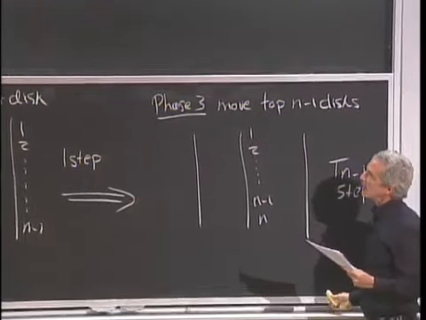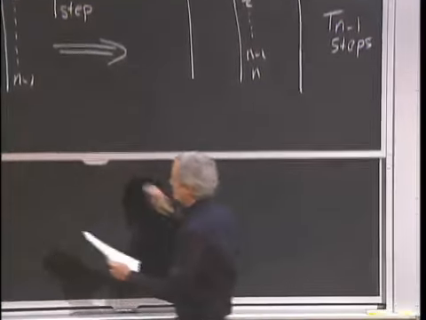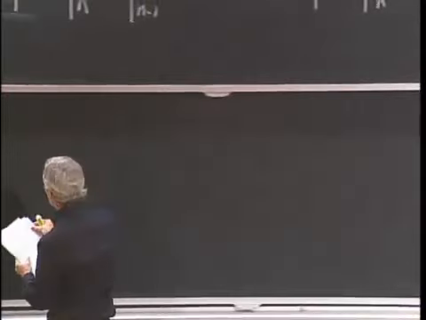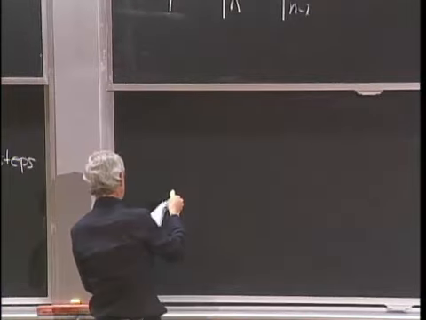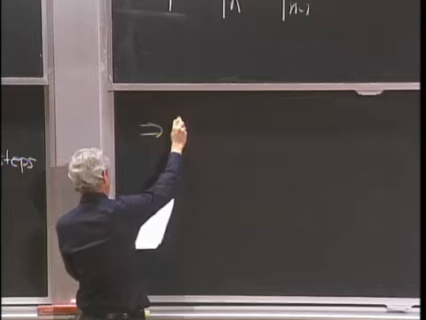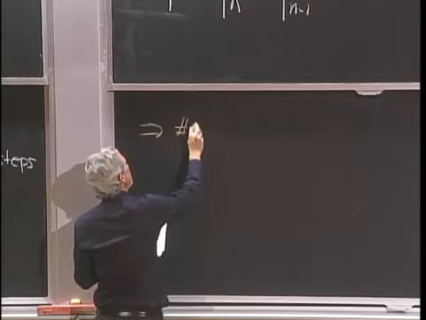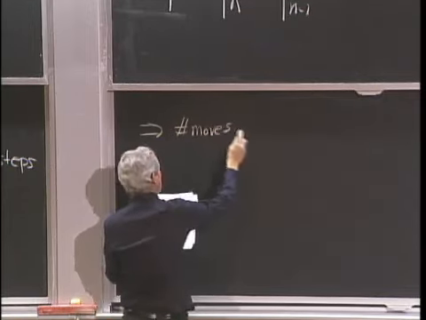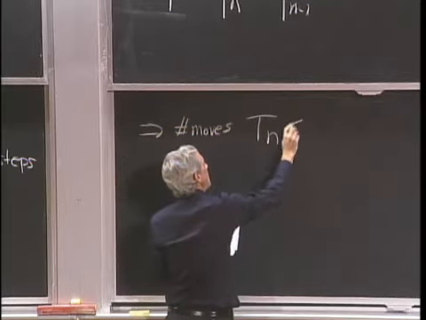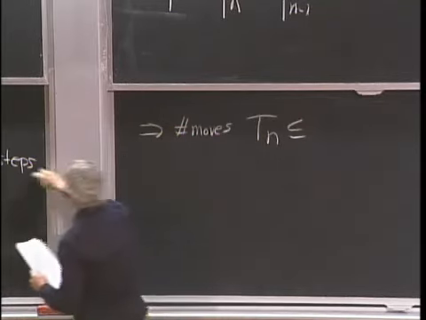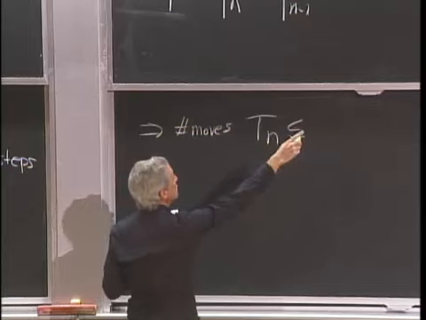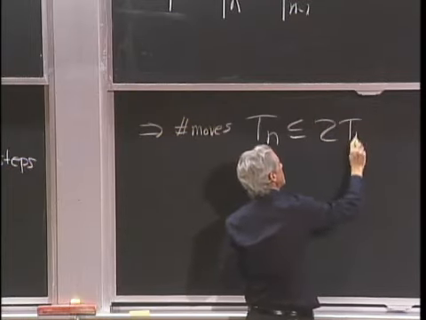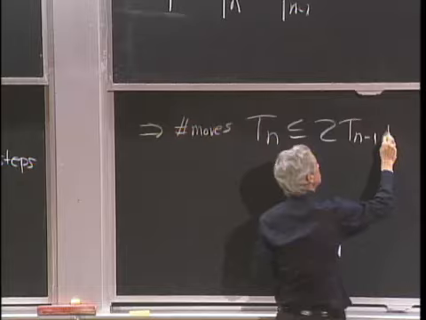All right, so we've got an algorithm now, a recursive algorithm, and the total number of moves T(n) is at most T(n minus 1) plus T(n minus 1), which is 2T(n minus 1), plus the 1 step up there.